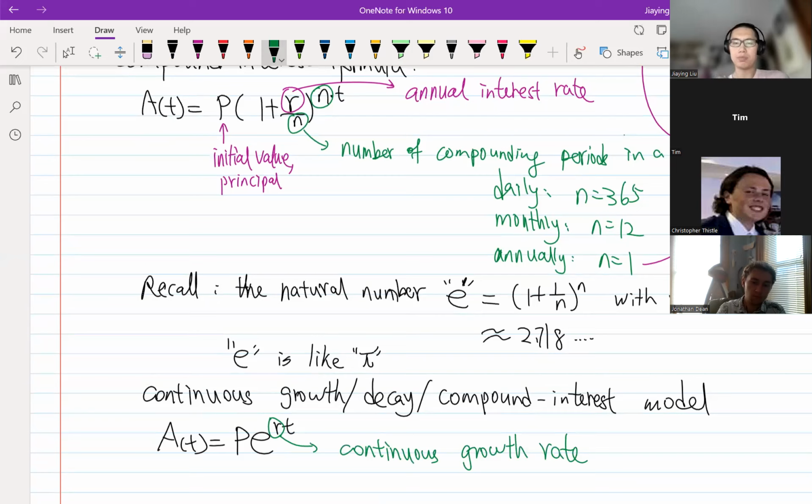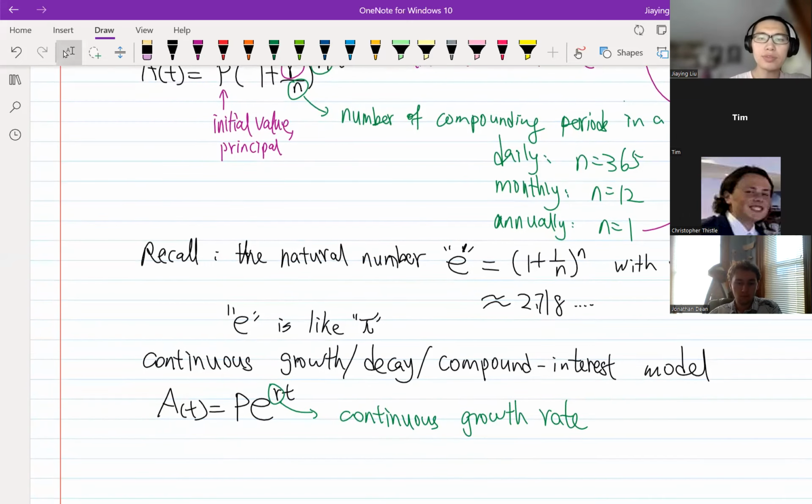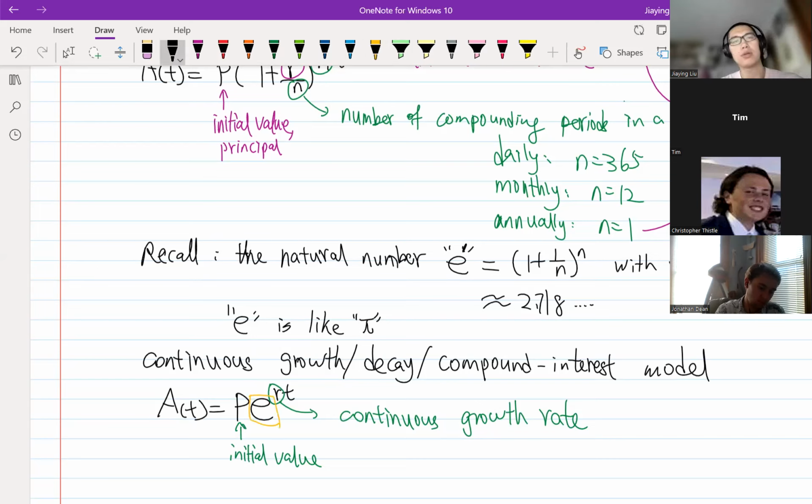Now, we don't really talk about this being an annual interest rate, but most of the time when we're given an interest rate for continuous growth, we pretty much assume that the continuous growth rate is more or less the same as the annual interest rate. Pretty close. And the P here, again, is just the initial value. And the E is just E. This E is a number. And the t is time in years. Usually that's the case.